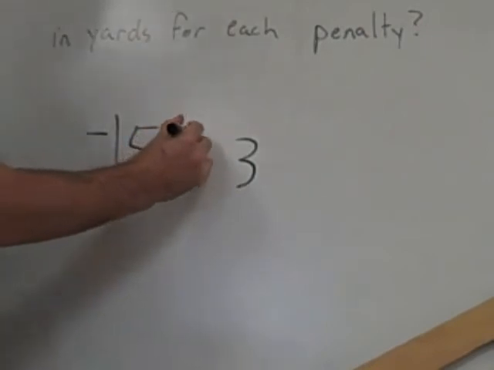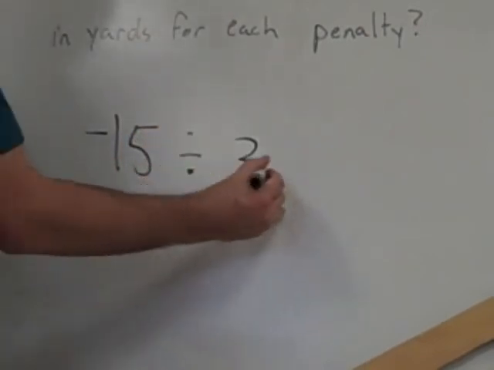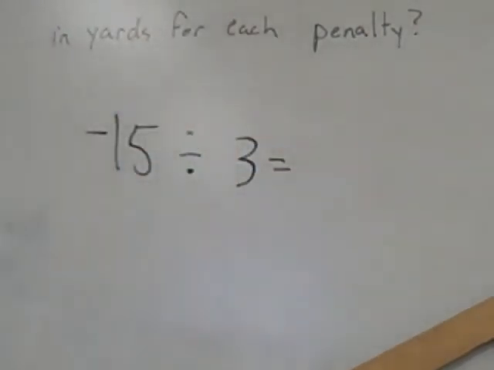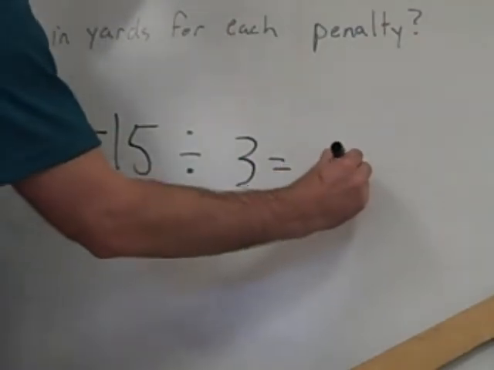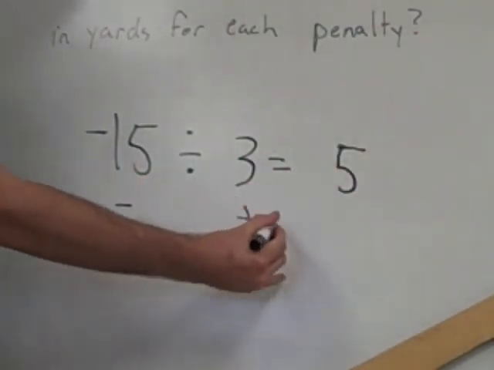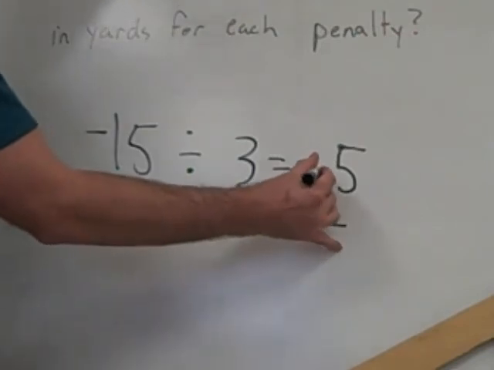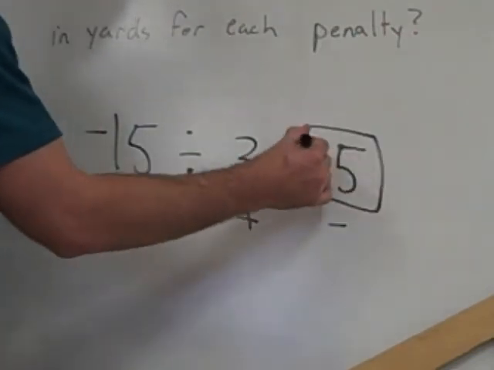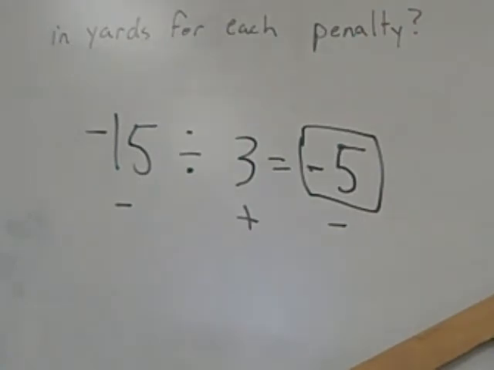To find what each one was. So now I just have a division problem. Ignore the signs for right now, and I get 5. And it was a negative and a positive, so my answer's got to be negative, so my answer is negative 5. So you went negative 5 yards each play.